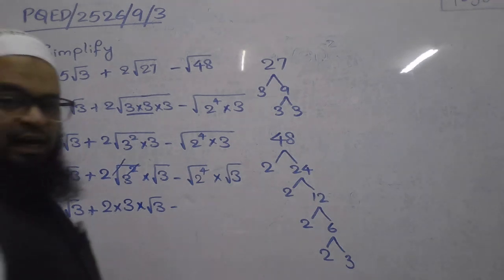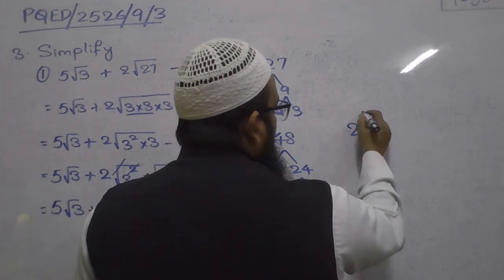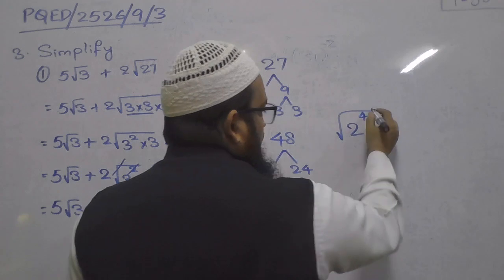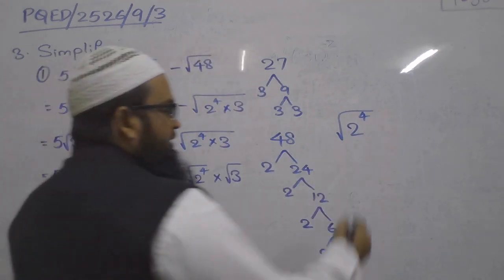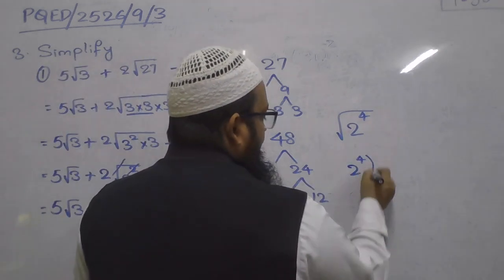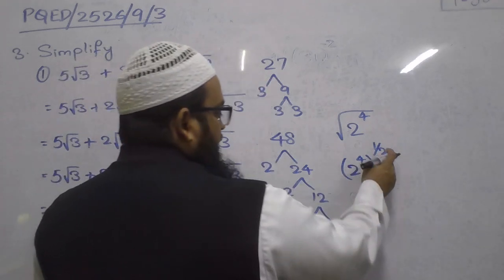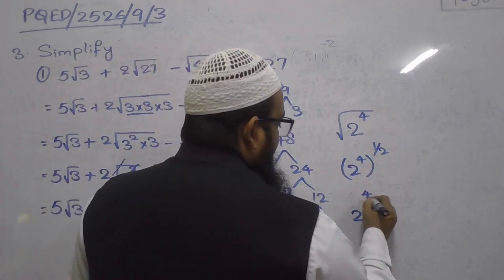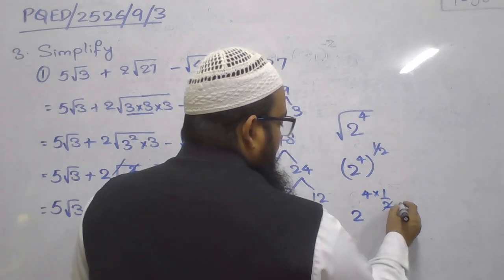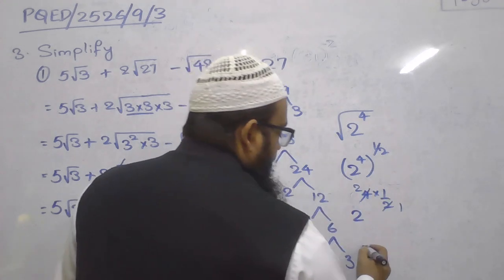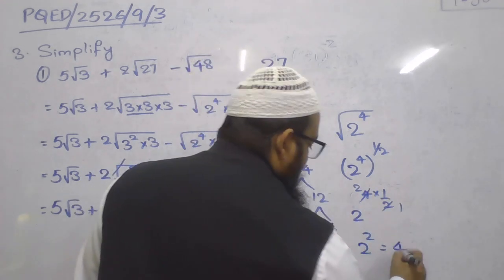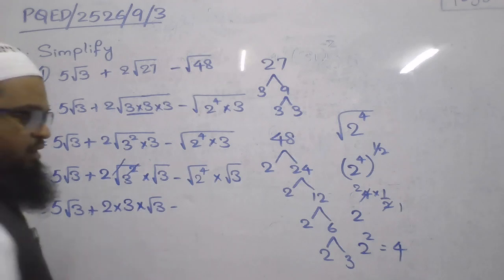So what is, I'll write it over here, the square root of 2 to the power of 4. Square root means, can I write it as 2 to the power of 4 whole to the power of 1 by 2? And is it power over power? So 2 to the power of 4 into 1 by 2. 1 twos are 2, 2 twos are 4. So what is left out? 2 square. That is equal to 4. Understood, my dear?